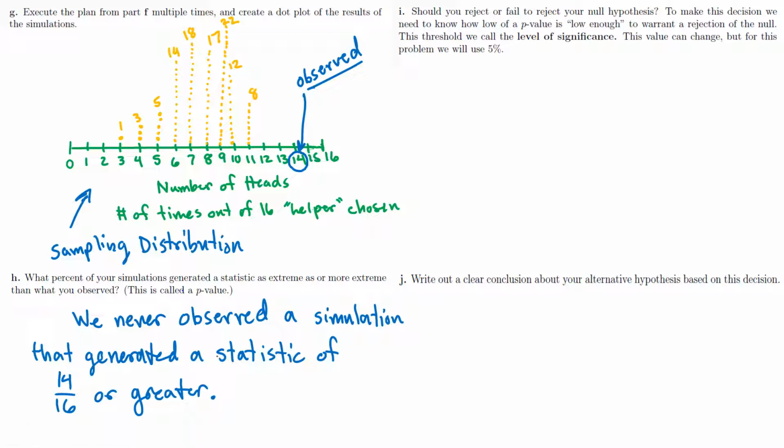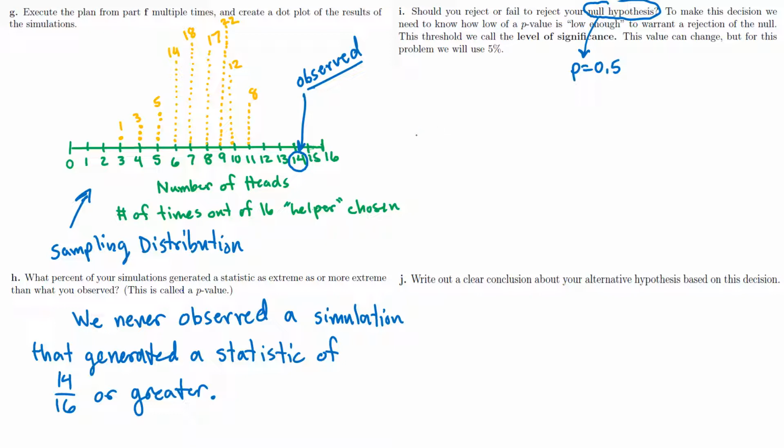So let's now bring this back to our null hypothesis and our alternative hypothesis. Remember, we started off with the idea that the true proportion is 50%, is 0.5. So the null hypothesis is that p is equal to 0.5. We conducted these simulations assuming that p equals 0.5 is the true proportion.